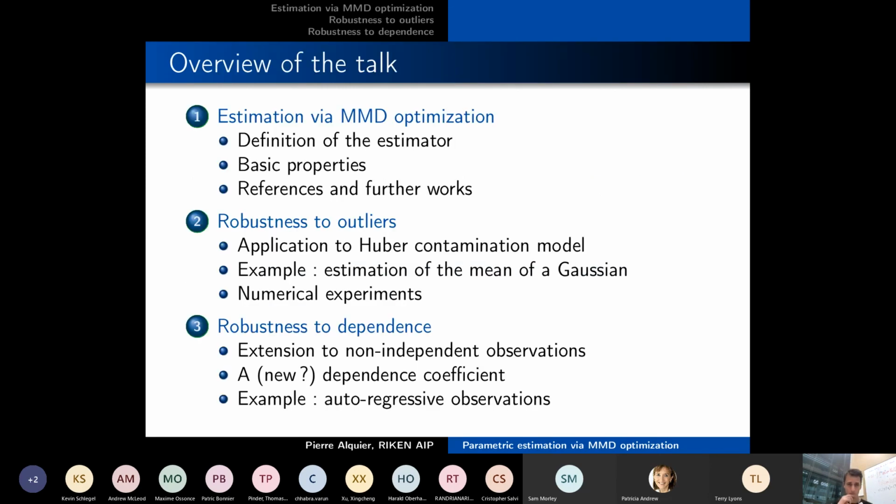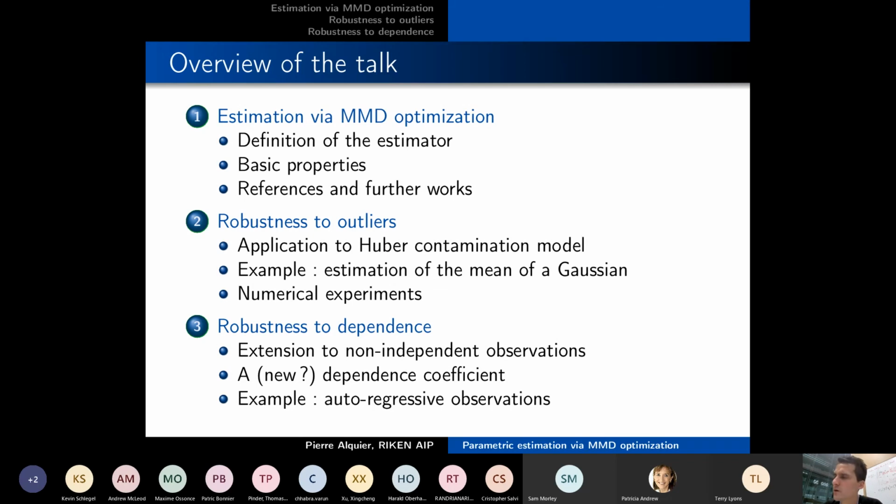And all I will do now is propose to use another distance, the maximum mean discrepancy distance, which was used in statistics and machine learning until now for other purposes. I will try to use it for parametric estimation in the first part.